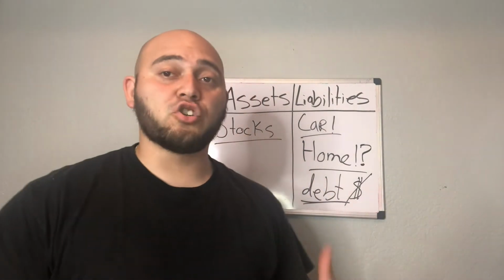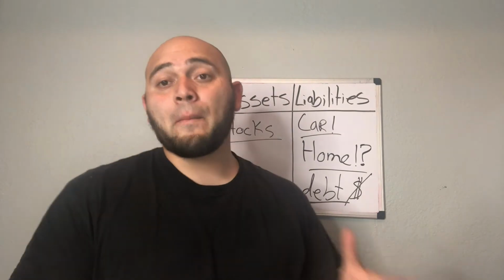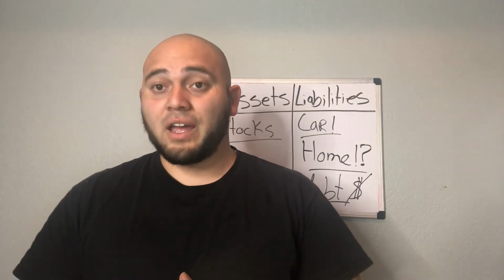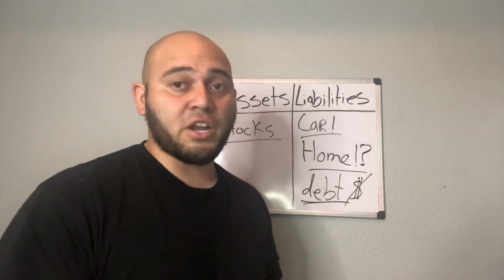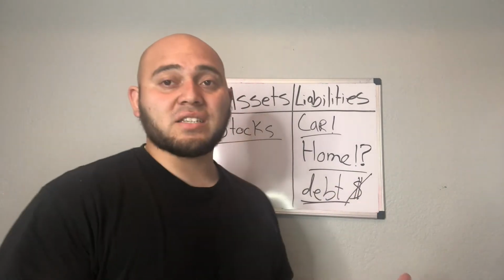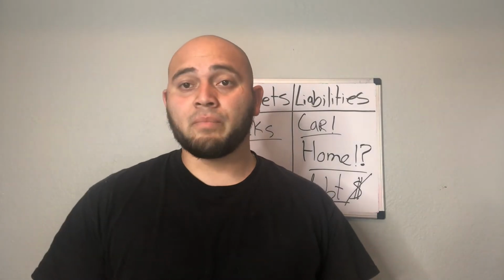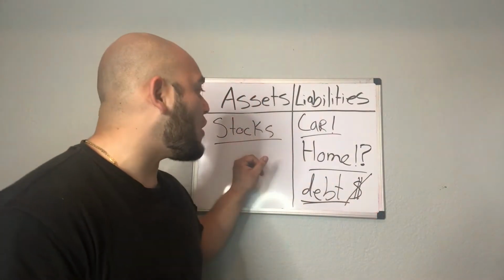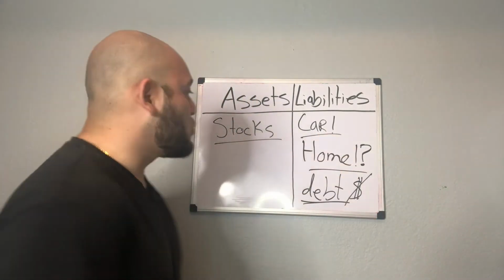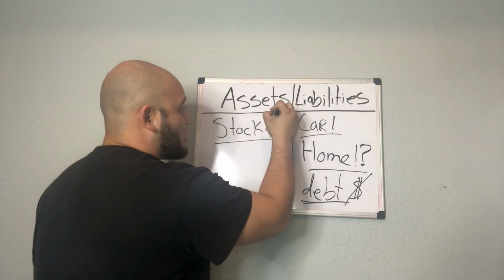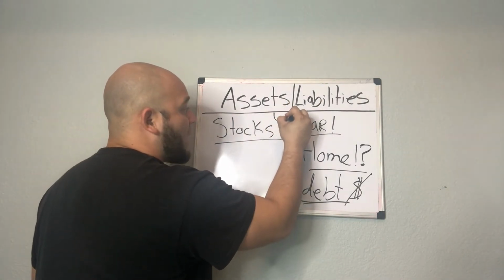Depending on how much you invest into stocks will depend on how much money you'll get back through dividends, okay? Millionaires, billionaires that have stocks, that's just an extra side of income that they are generating, that they are using to pay off their car. There are people that use their assets to pay off their liabilities.